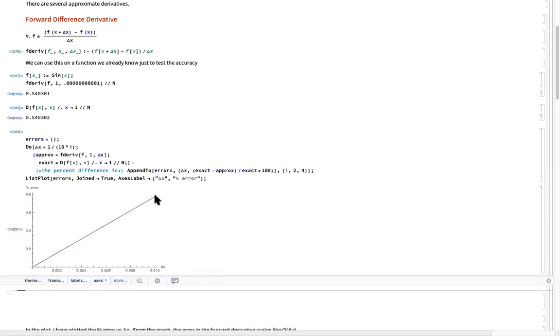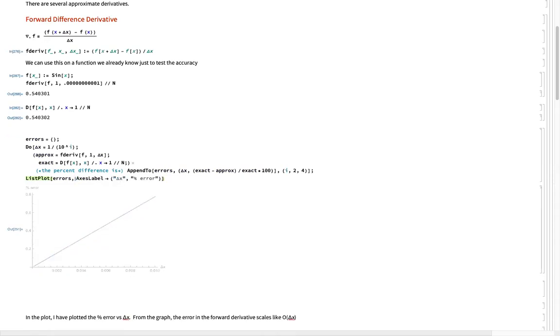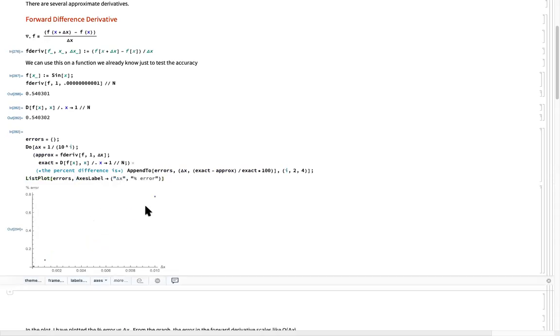At the beginning, delta x is 0.01, and the error is like 0.8%. Maybe I shouldn't have joined the points. Let's make it not joined. There you go. So you can see delta x there. Then at the next power, it's 0.001, and the error is like 0.09 or something like that.